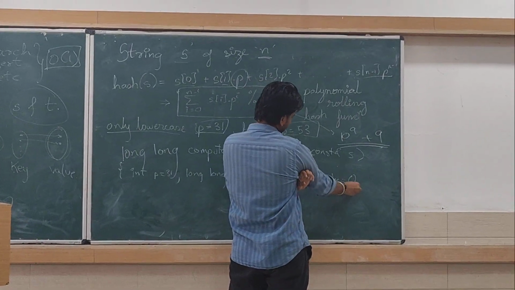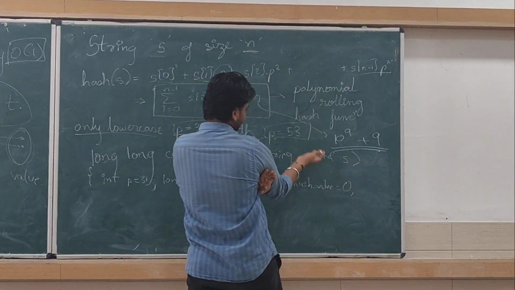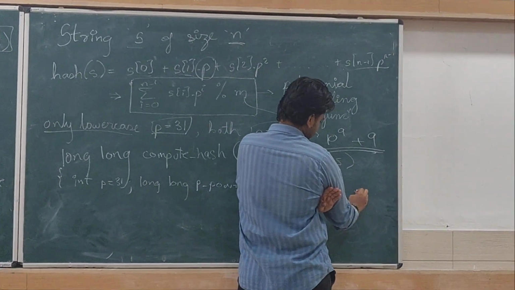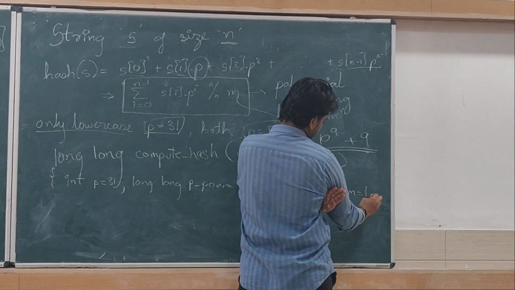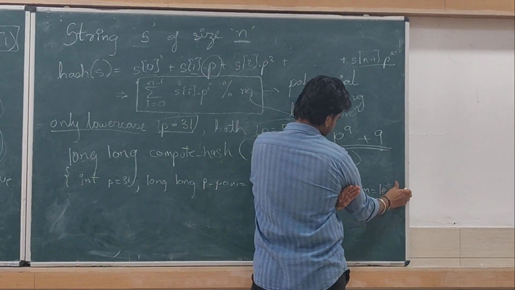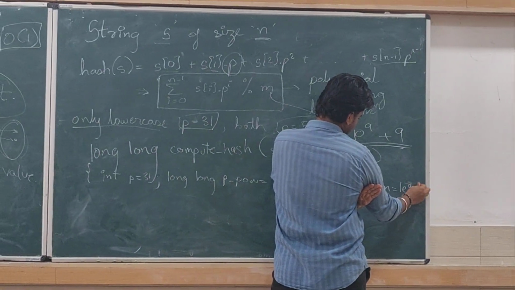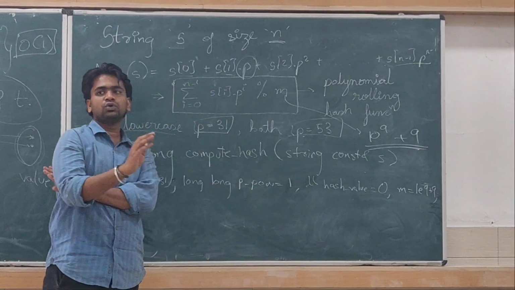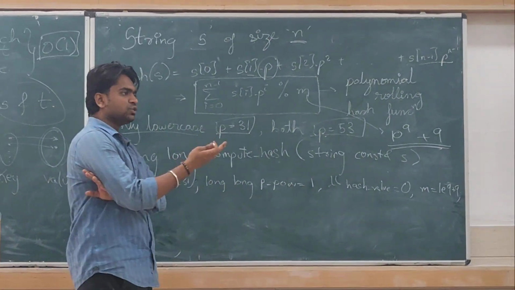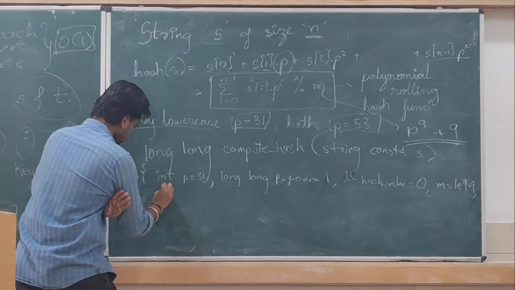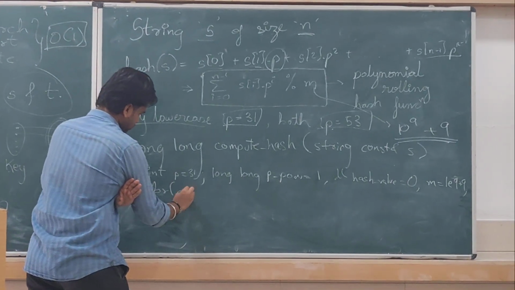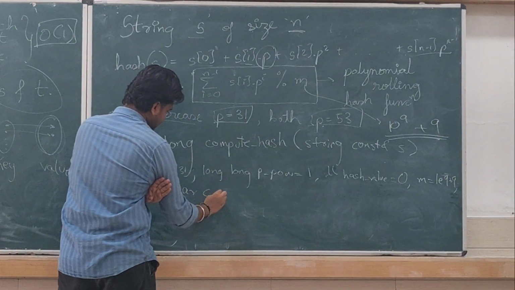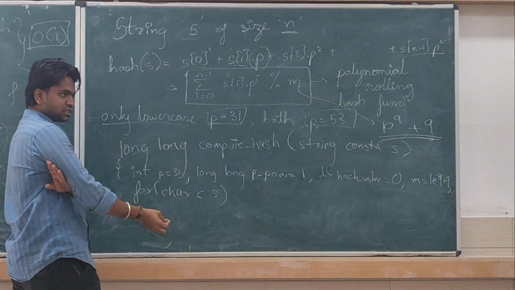I'm writing this LL here. And you will also have to define m, right? So I'm just writing m equal to 1e9 plus 9, right? Yes or no? And directly use a for each loop. For char c on s.